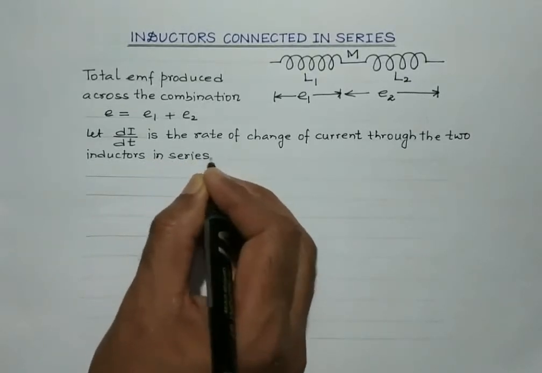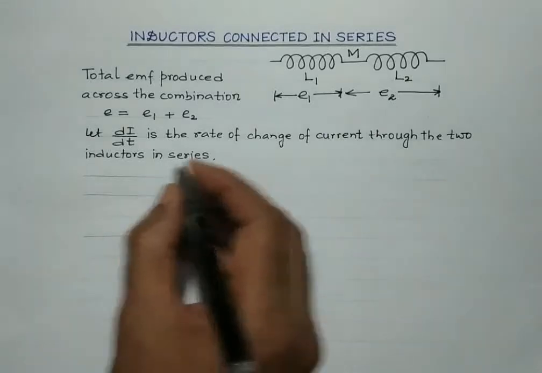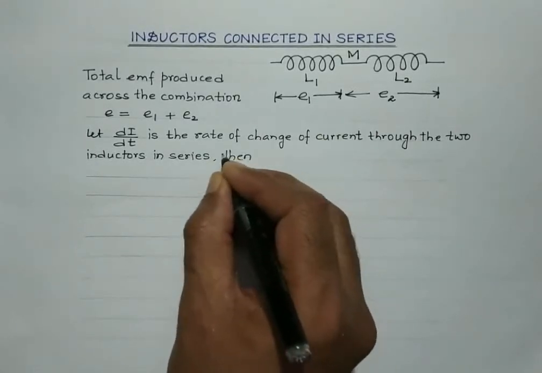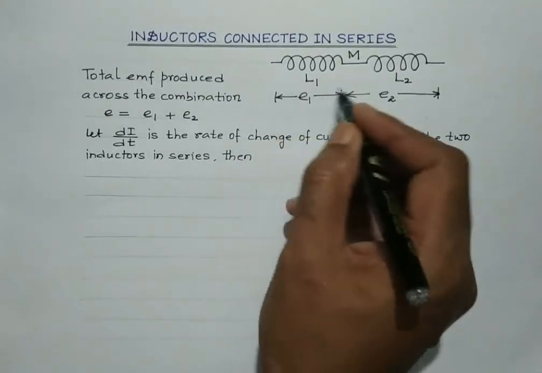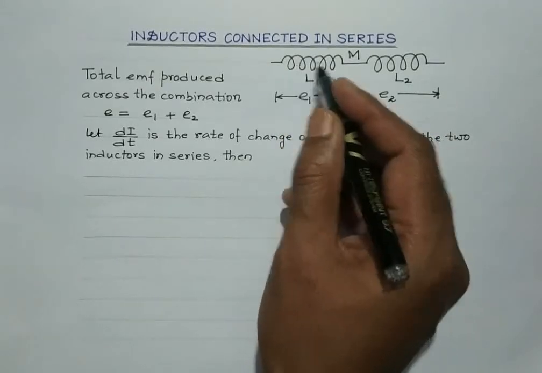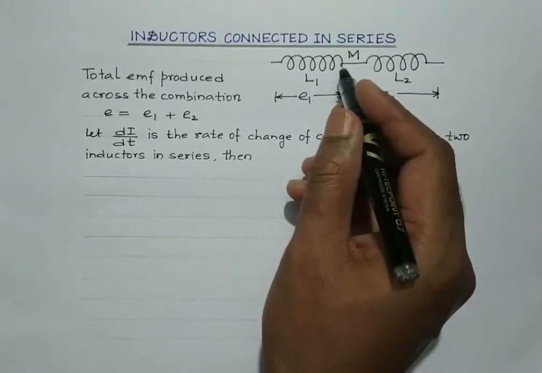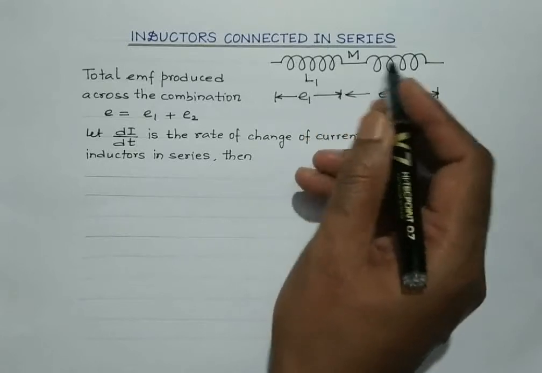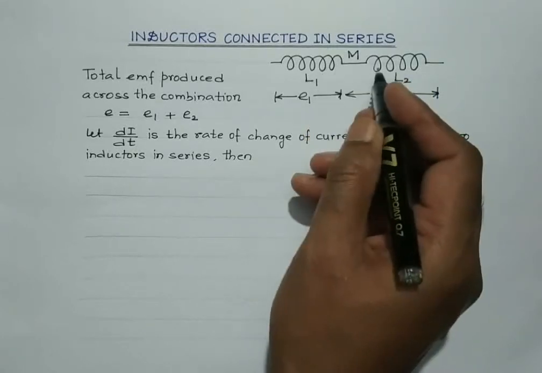Now what happens is, here the EMF induced across coil L1 will be due to the self-inductance as well as due to the mutual inductance between these two coils.